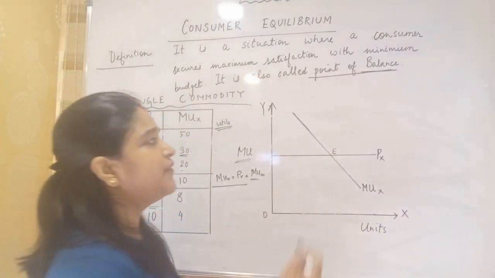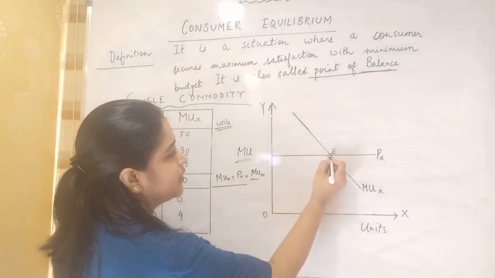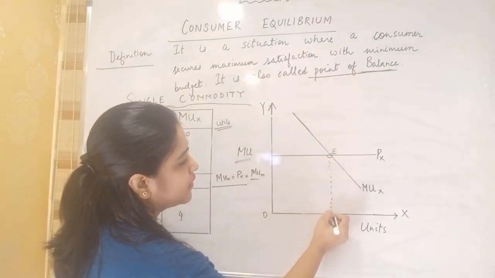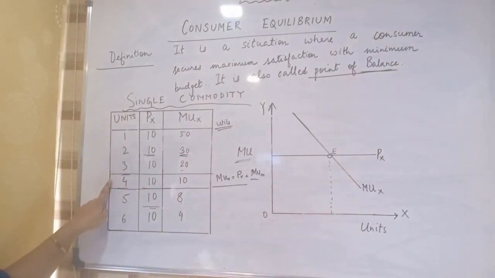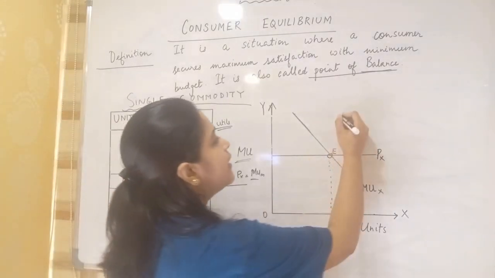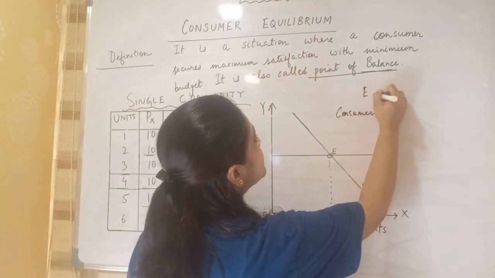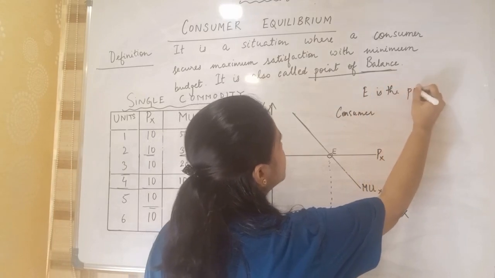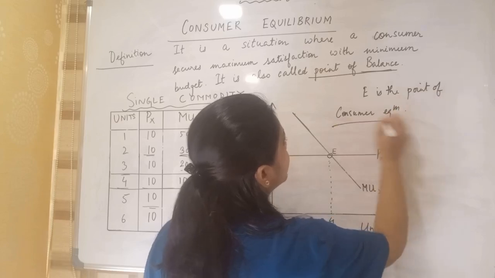At the point of intersection of Px and MUx, the units of commodity consumed is 4 units. At this point, the consumer is said to be in equilibrium. So E is the point of consumer equilibrium.